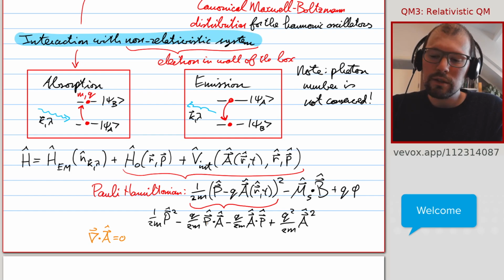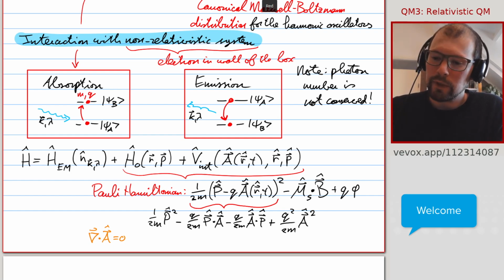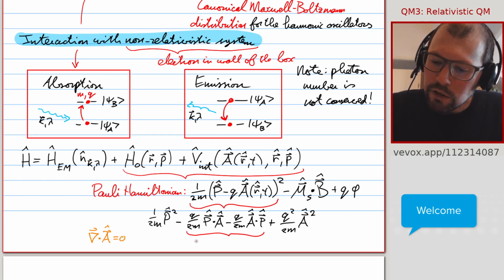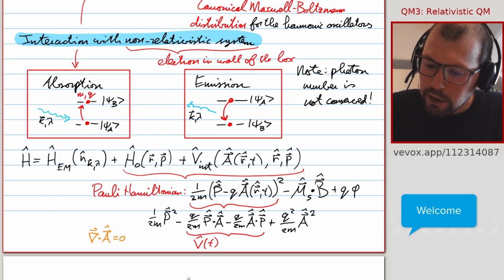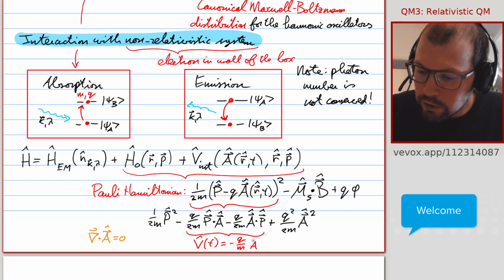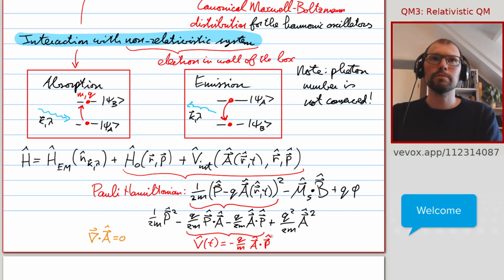So really the momentum operator and the vector potential operator do commute. So I can bundle these together. And this is the term that I'm interested in. So let me denote this term by V. Still depends on time, and therefore given by minus q/m. Let me put the vector potential first, dot p, like this.